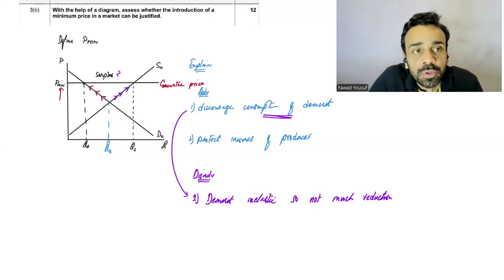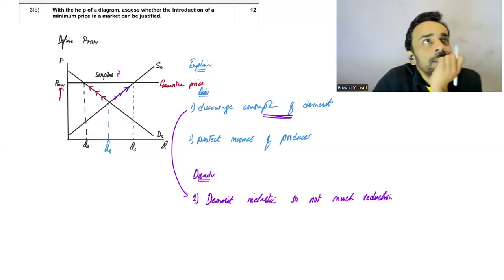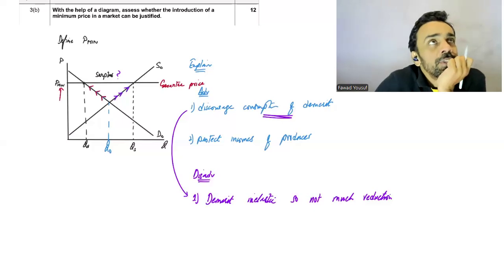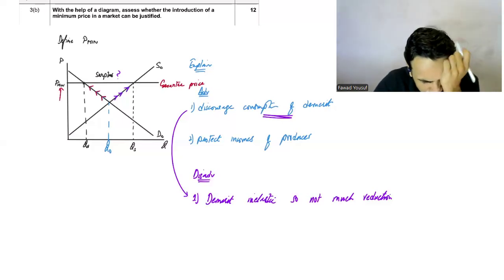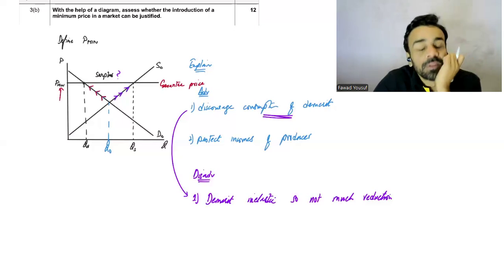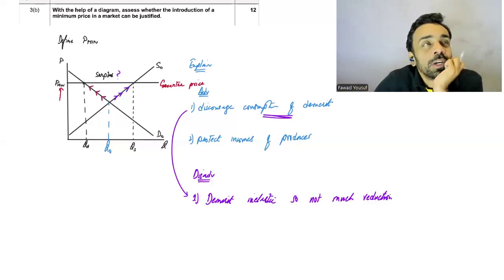Remember, as the minimum price goes up, the tax percentage would increase. If it is above equilibrium, per unit they're going to get a higher tax. But the tax rate will remain the same, right? If it's an ad valorem tax, maybe with a specific tax it won't work as such, but with ad valorem it can.